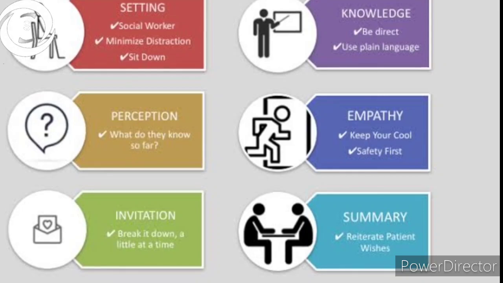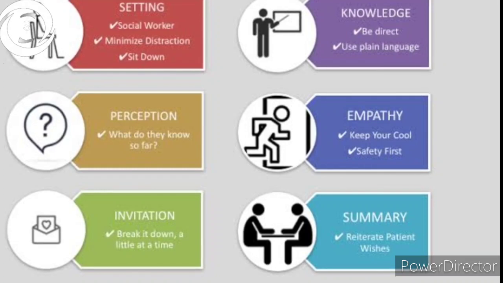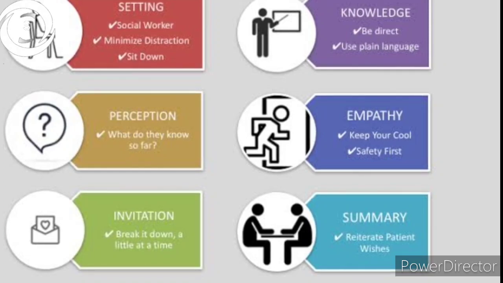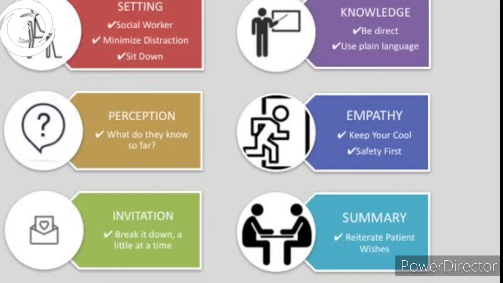S, the setting of the interview; P, the perception of the patient; I, the invitation to the patient; K is the knowledge giving to the patient; E is the emotion or empathy with the patient; and S is the summary or strategy.